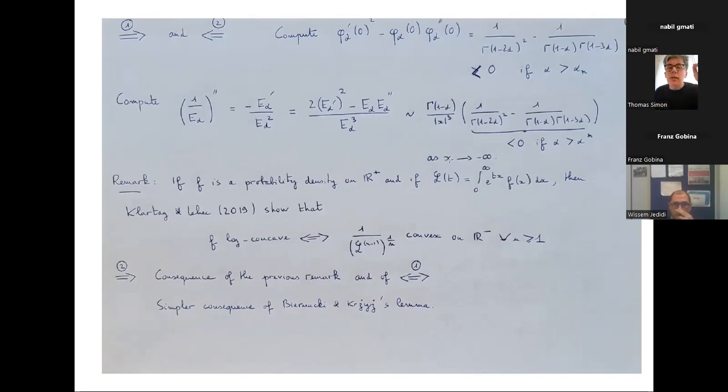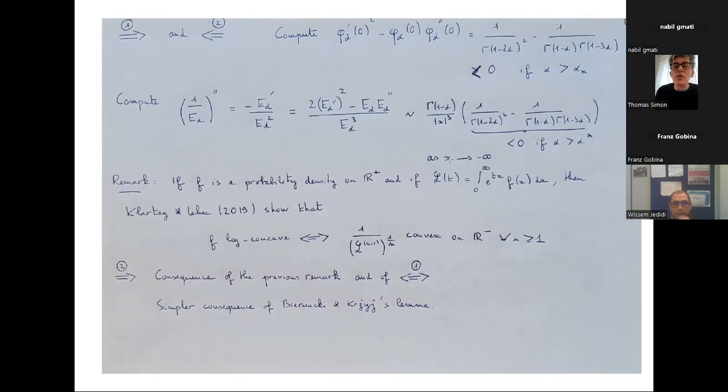Well, maybe I can say something more: when I was working on this paper, I noticed a general result by Clark-Plagg and Lehec connecting the log concavity of a given density on R+ to the reciprocal convexity of certain powers of certain derivatives of the moment generating function. And the fact is there is a characterization which is general. And here in our example, we only have a characterization with n equals 1.